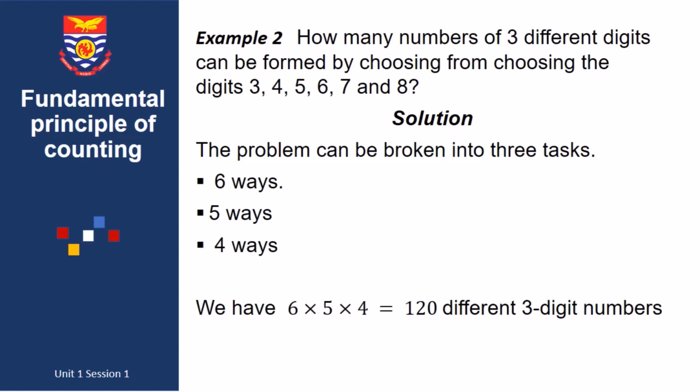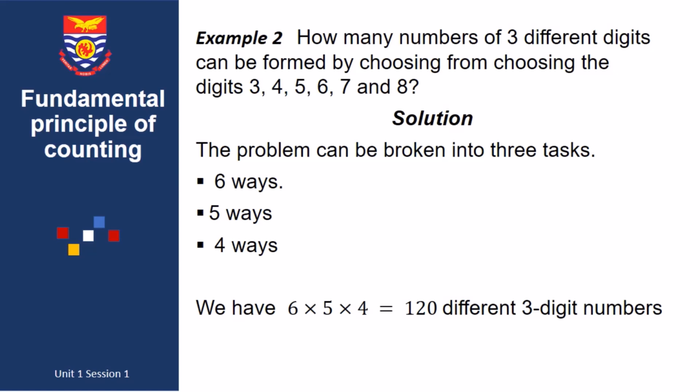Example 2. How many numbers of 3 different digits can be formed by choosing from the digits 3, 4, 5, 6, 7, and 8?